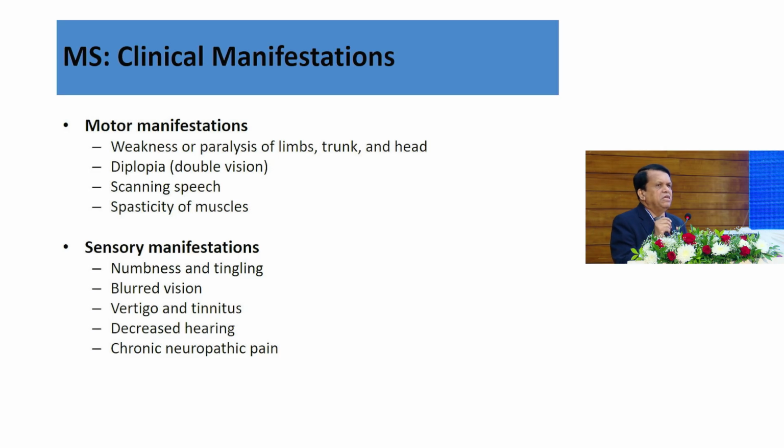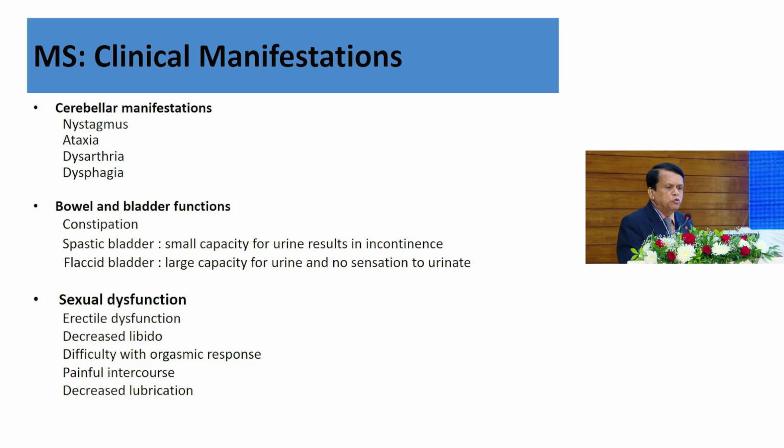Any young lady who comes to my clinic and says that she is not able to walk properly and has a balancing issue, I immediately examine the joint and position sense, and that gives a clue. The moment there is a joint and position sense impairment, you always think in terms of a demyelinating disorder, which is very, very common because it is the posterior column which gets affected much more than the anterior column, along with the optic nerve, which gives the clue to this problem.